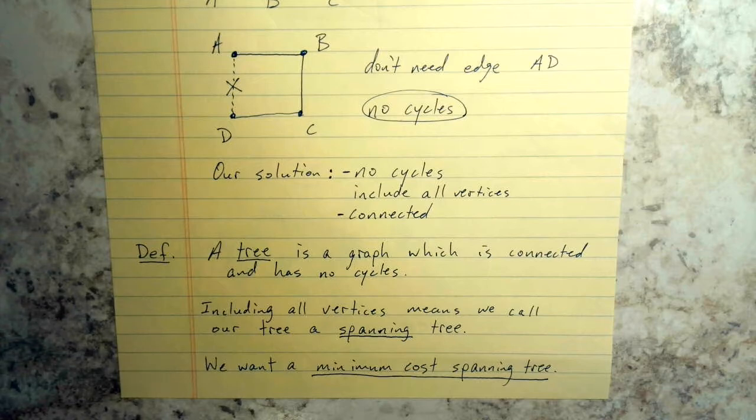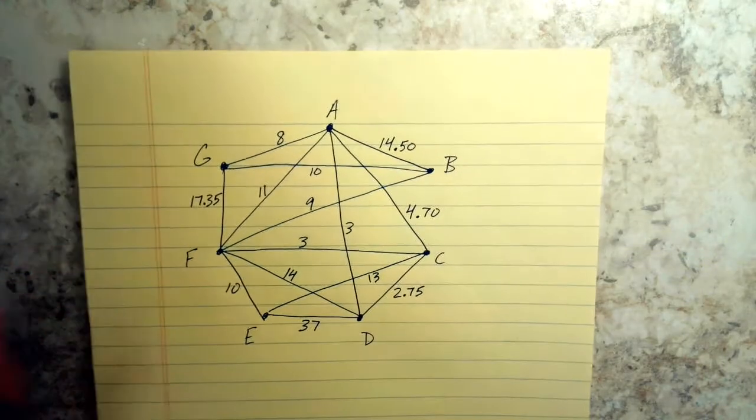So we'll have a big graph and we'll choose some edges, and we want those edges to be a minimum cost spanning tree. So let's take a look at an actual example of a network.